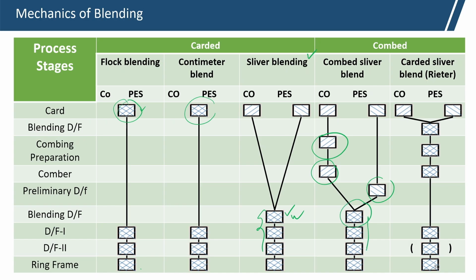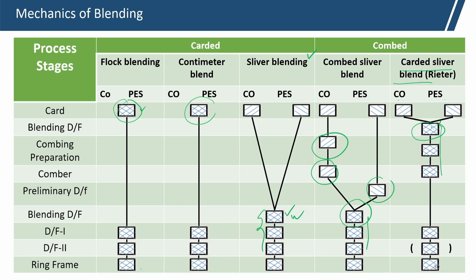Again here 3 draw frame passages are required, and card sliver blend where cotton and polyester are there, and card sliver and polyester, then it is blended at the draw frame, as given here.